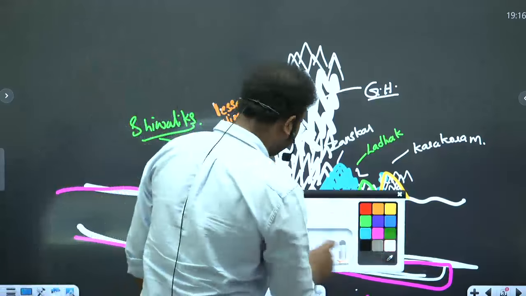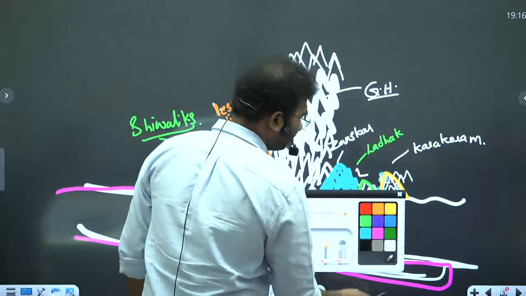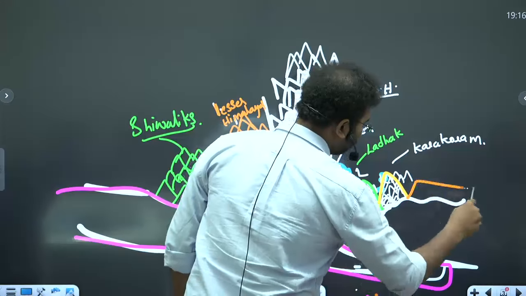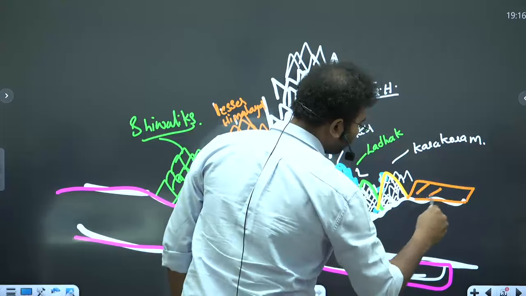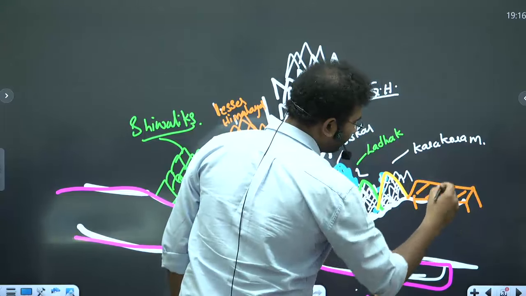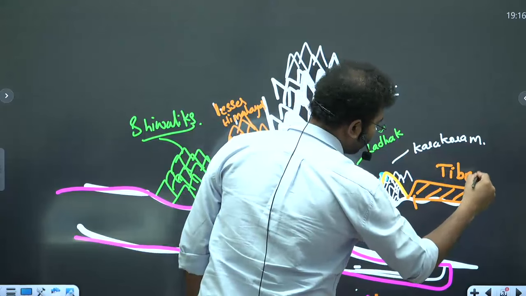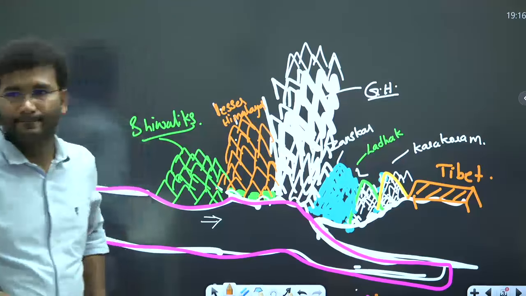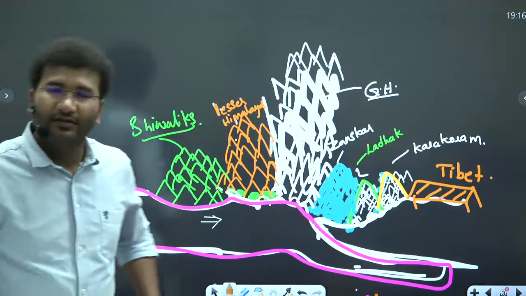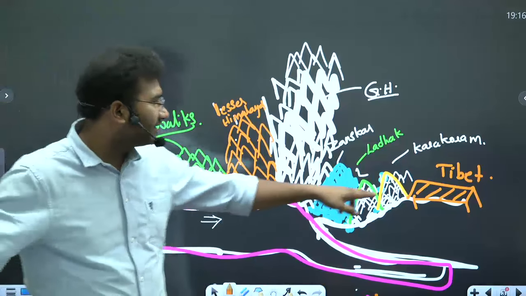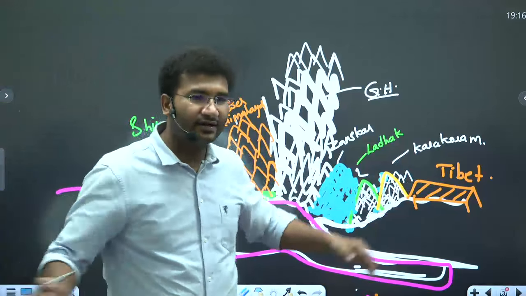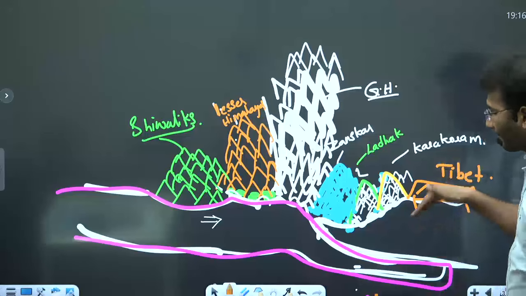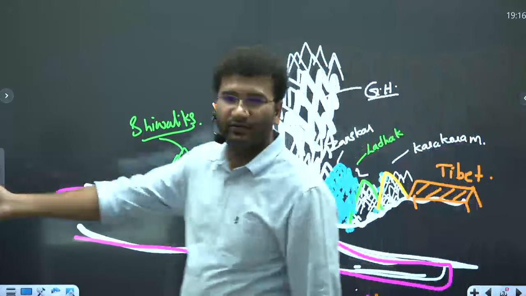So somewhere here you might find the raised Tibetan plateau. Yes, all the rivers today are present on Tibet. They are cutting across these mountain ranges and they are moving towards the south.